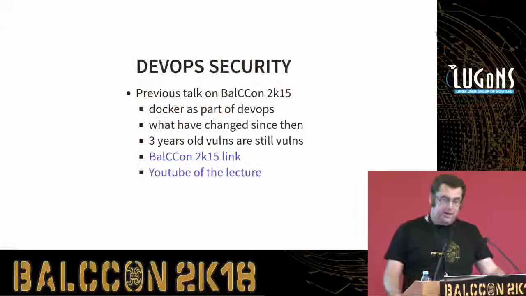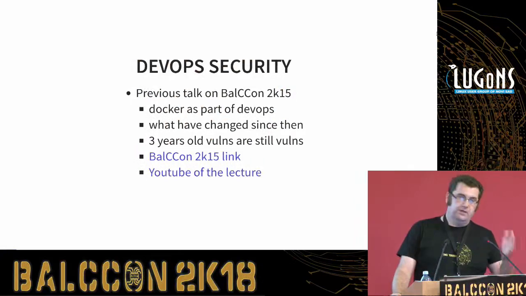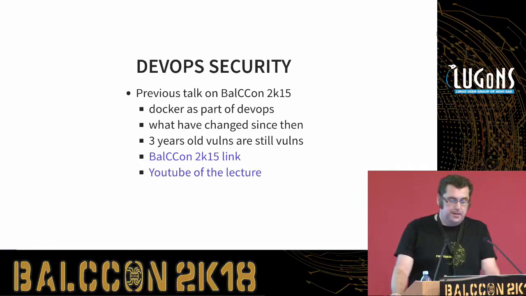In short, I actually talked a bit about this application security about 3 years ago, and I only touched Docker as part of DevOps because I talked a lot about other problems in DevOps.